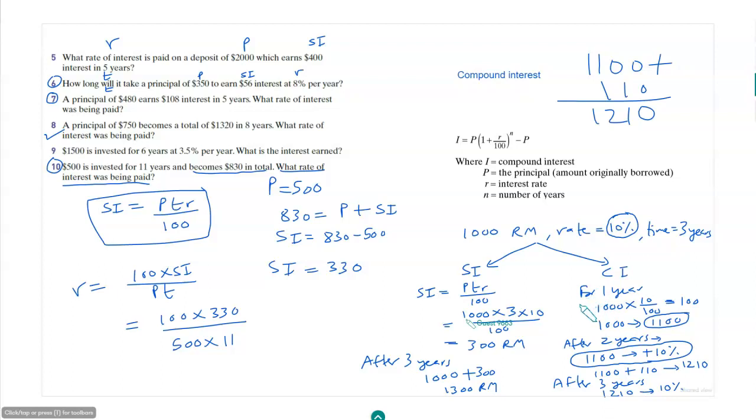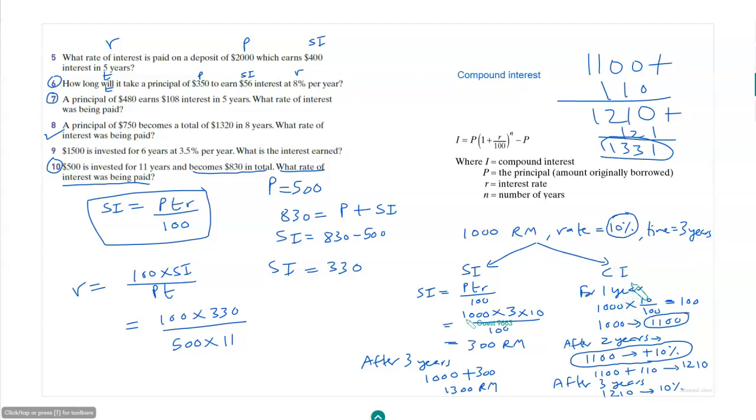So how much will be your total? 1210 plus 121 is 1331. So you see the difference. Earlier you had just 1300, now you have 1331. So always, if the rate of interest and the time are the same, you'll end up with more money if it is compound interest.